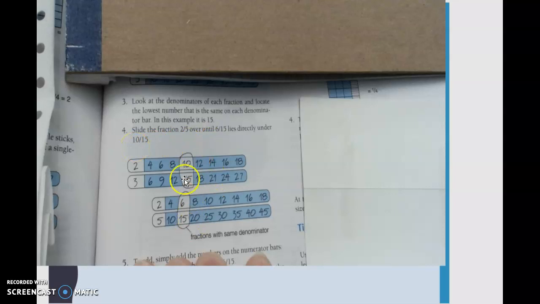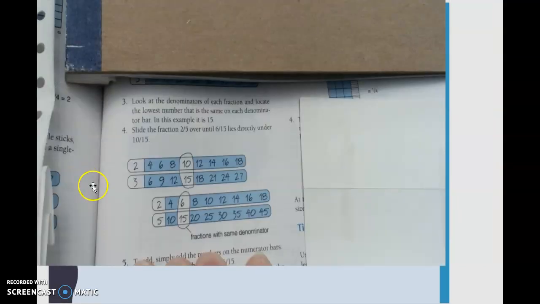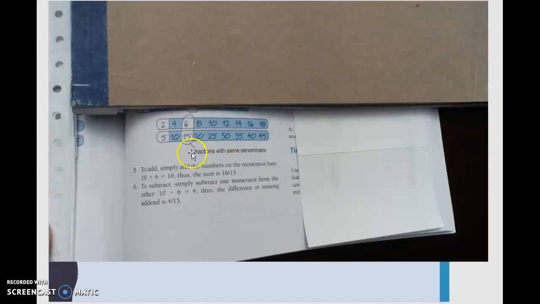You just line up those common denominators. Then to add, you just add the numbers on the numerator bars. 10 plus 6 equals 16. So if we had 2/3 plus 2/5, well, boom, 16/15.